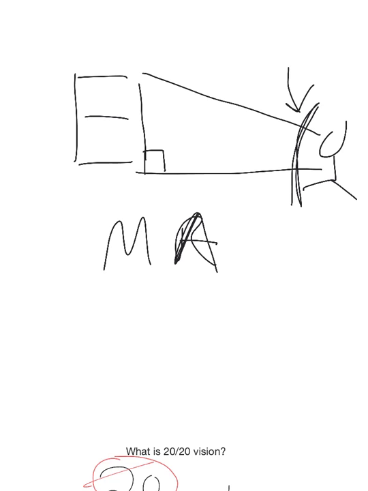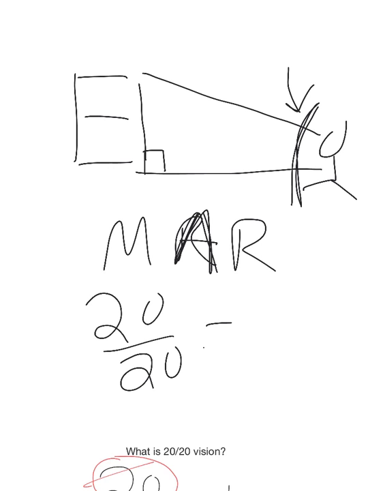The MAR is just the inverse of the Snellen fraction. So if your vision was 20 divided by 20, your MAR would be 1 minute of arc. A minute of arc is about 1/360th of a degree.